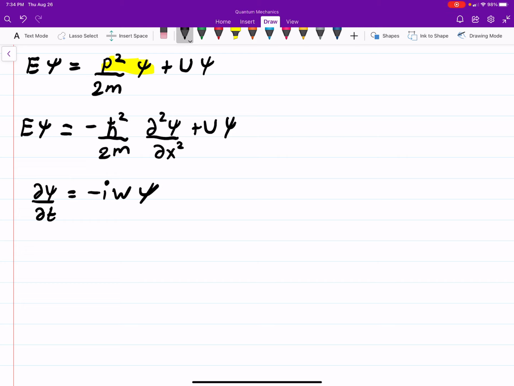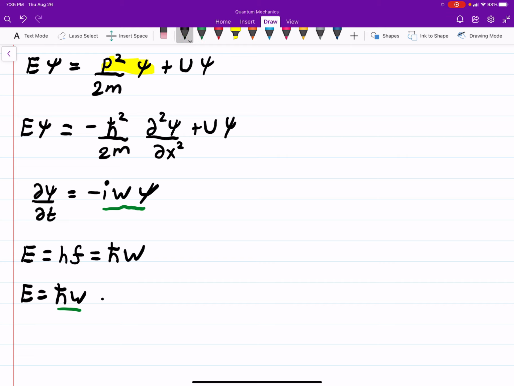Now this is important because energy, we know from Planck, is equal to h times the frequency, which is equal to h bar omega. And in particular, I want to look at when our energy is equal to h bar omega. It's hard to see right now, but this isn't that far off from this.